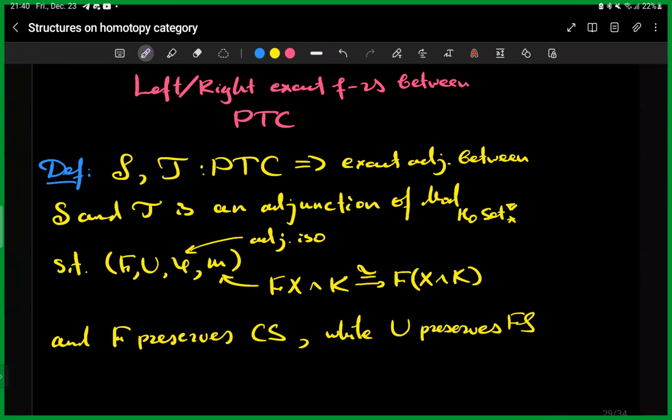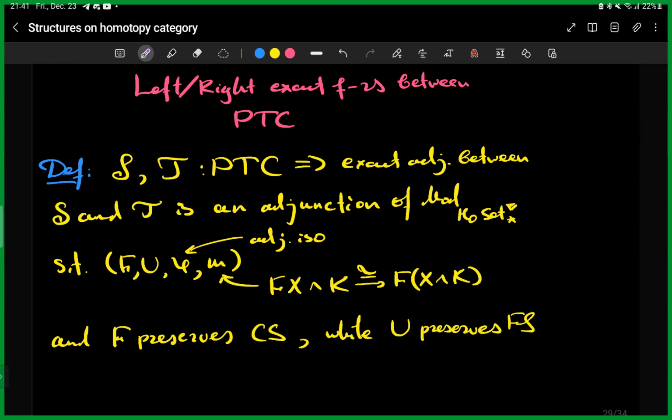Finally, the notion of a morphism between pre-triangulated categories, which somewhat mimics the notion of a Quillen adjunction, or maybe for someone more algebraically inclined, that's just some very natural thing. We have these exact adjunctions between pre-triangulated categories.